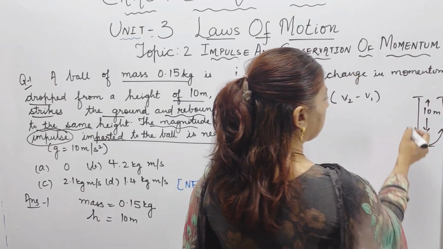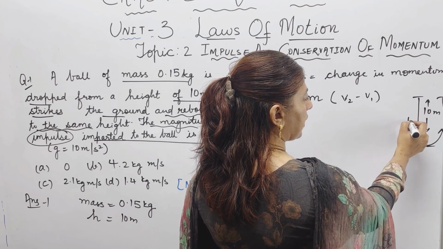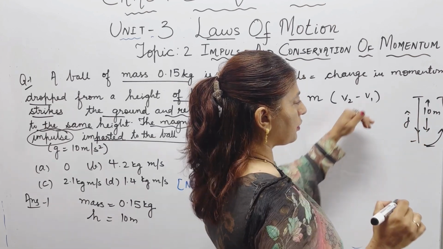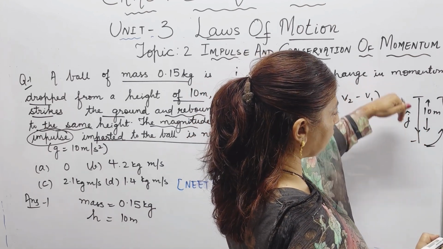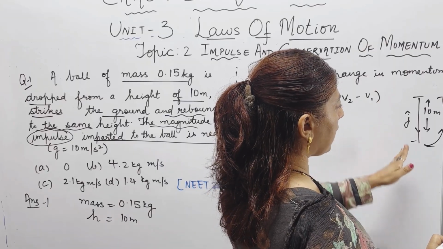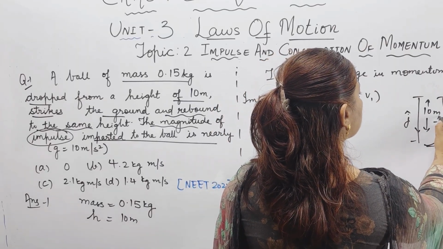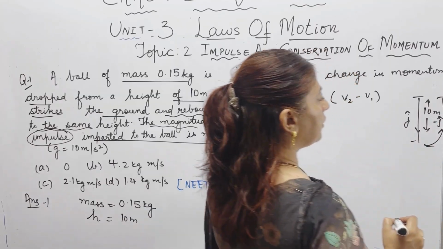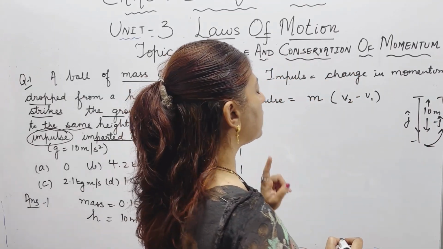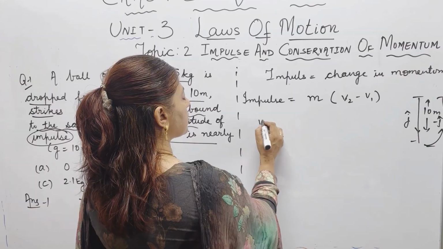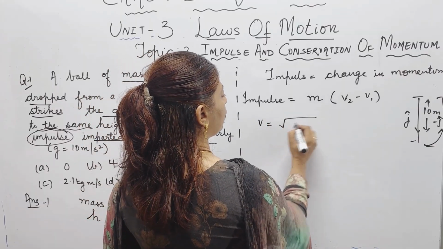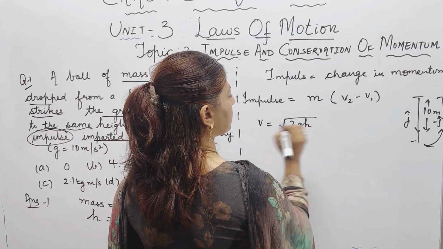So if we take j cap as the direction that it is moving vertically downwards, and when it is going upwards, let minus j cap be the direction for that. Second thing, the velocity is equal to under root 2gh.